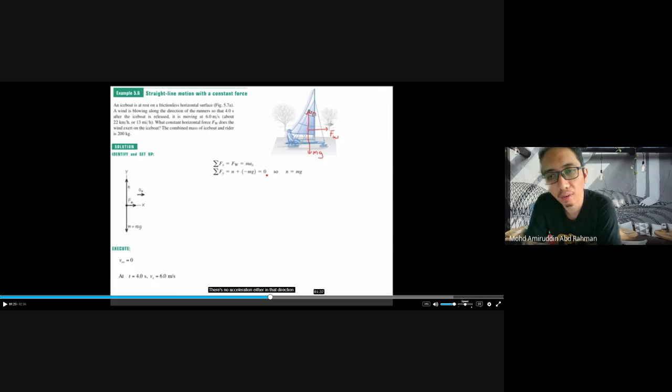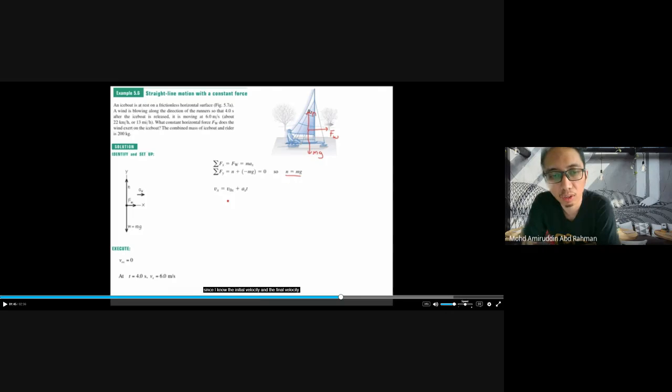And for the Fx, because the boat is moving, we have the acceleration. So the acceleration times mass gives us our Fw. So how to obtain the acceleration? We use the equation of motion: vx equals v naught x plus ax t.